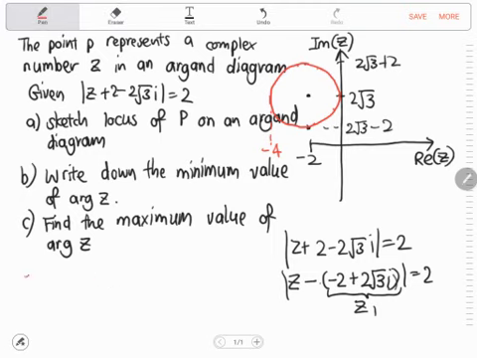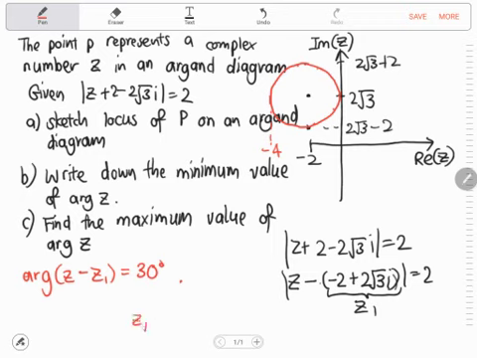When I say arg of Z minus Z1 equals 30 degrees, for example, it just means that Z is an unknown that has 30 degrees when measured from Z1.